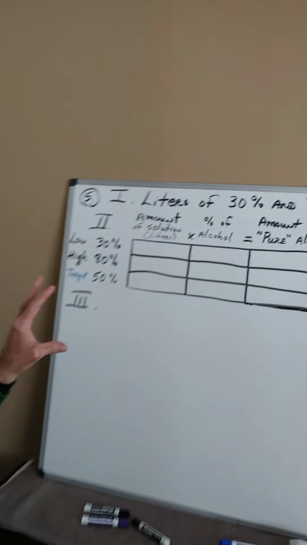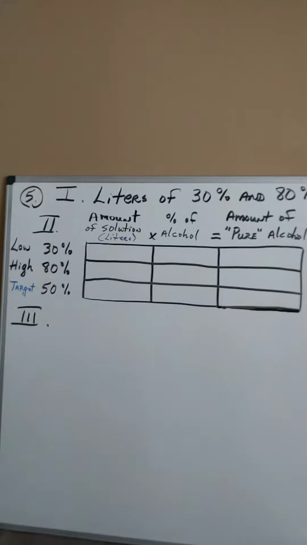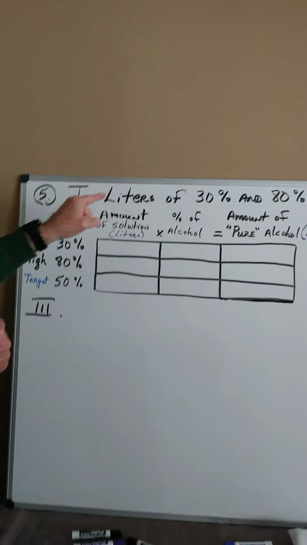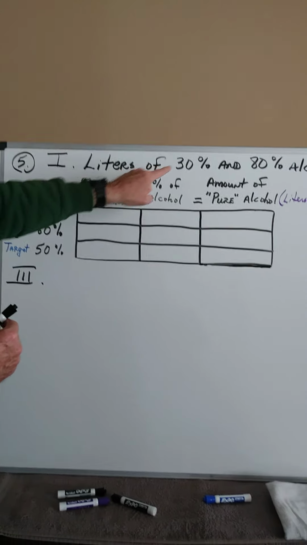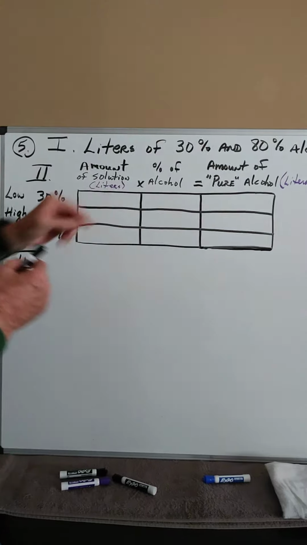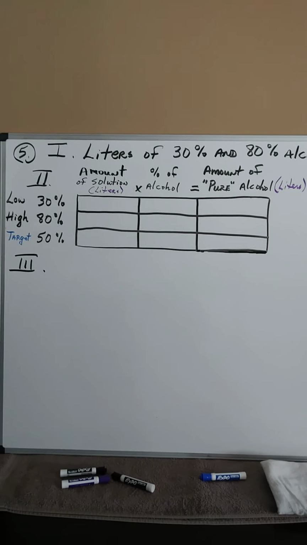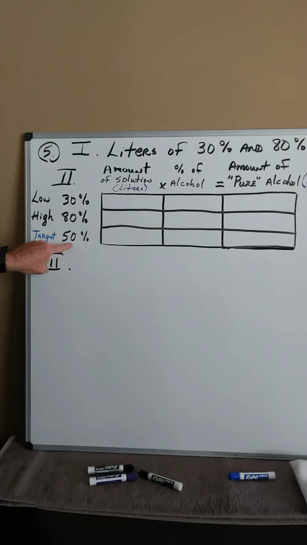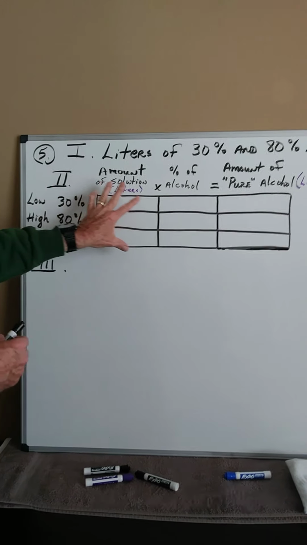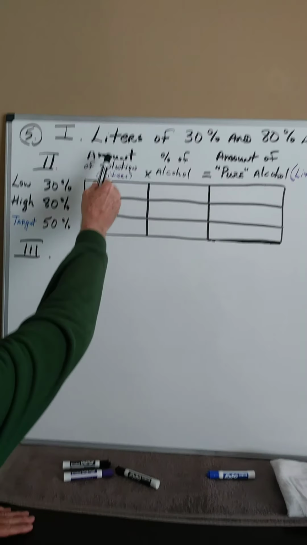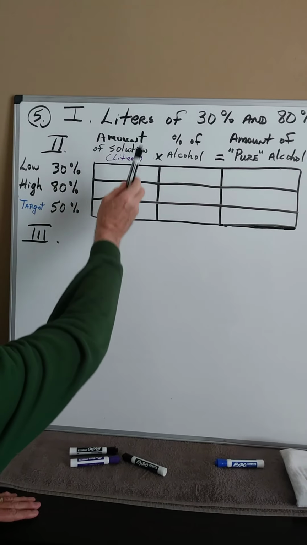So we're going to go to the setup. Step number 1. We need to find the number of liters of 30% and 80% alcohol solution, so they can then be mixed and we can get to the targeted item of 50. The chart. Column 1, amount of solution.